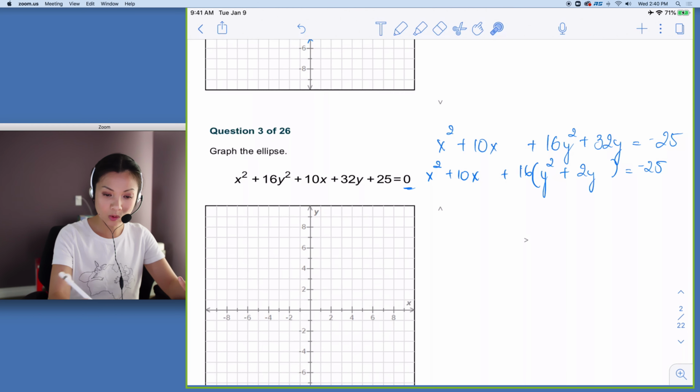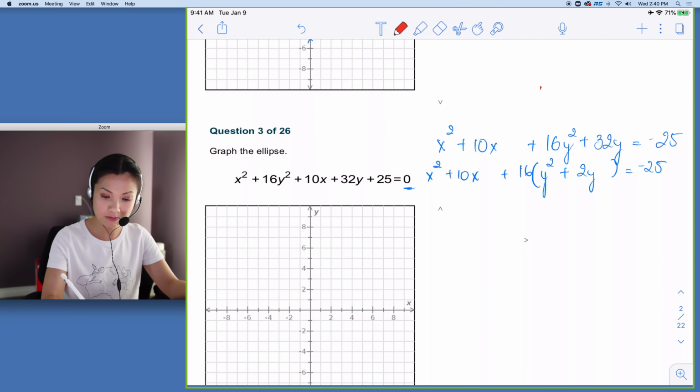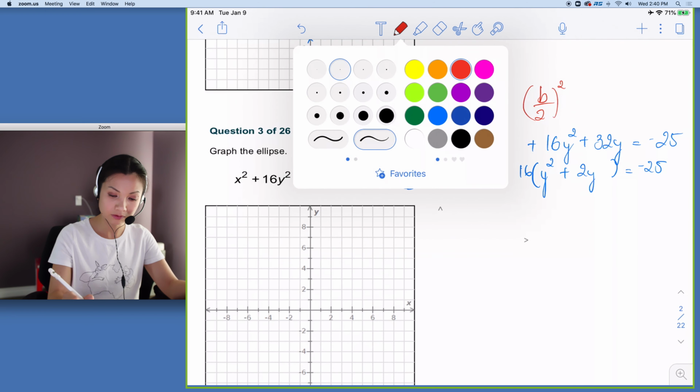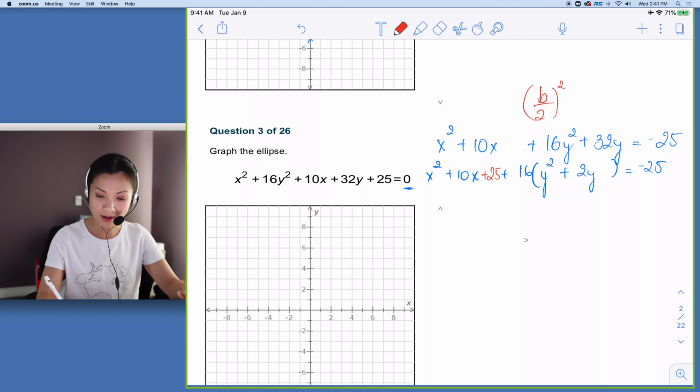Now we're going to complete the square. In order to complete the square, you take b, divide by 2, and square it. 10 divided by 2 is 5, and 5 squared is 25, so I have to add 25 over here.